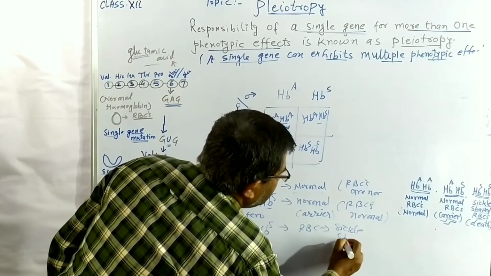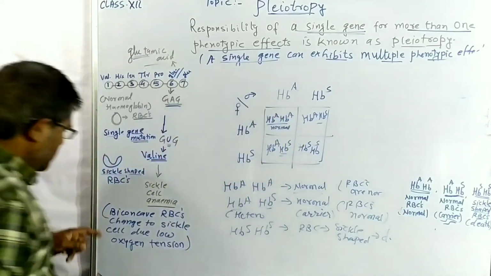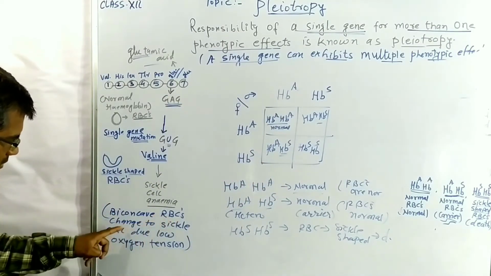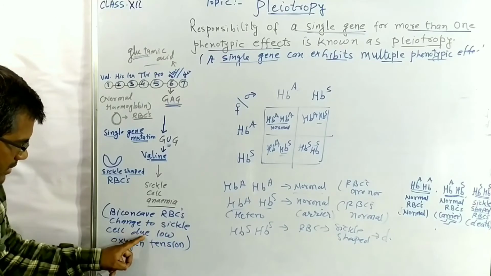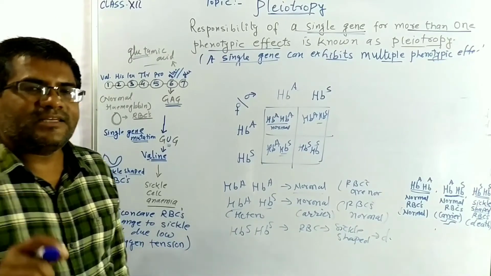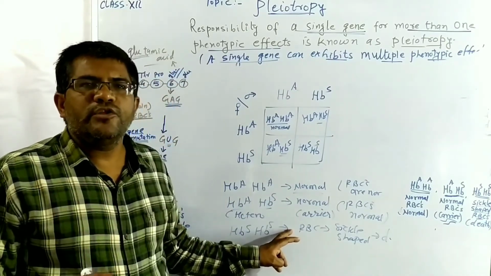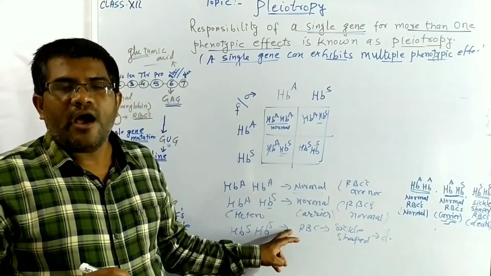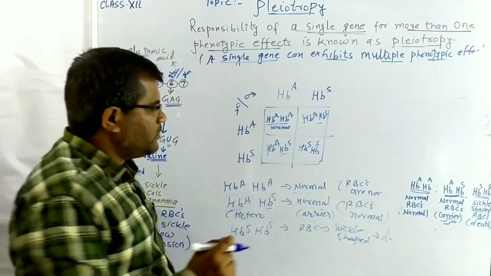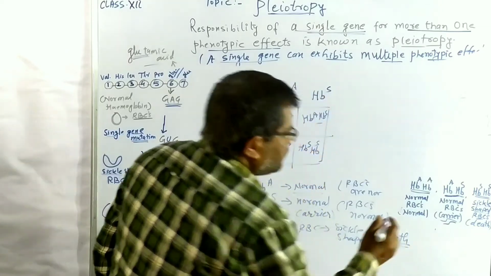The biconvex RBC changed to sickle cell due to low oxygen tension. In such cases, the individual does not receive the proper amount of oxygen, and due to the lack of oxygen, it leads to death.